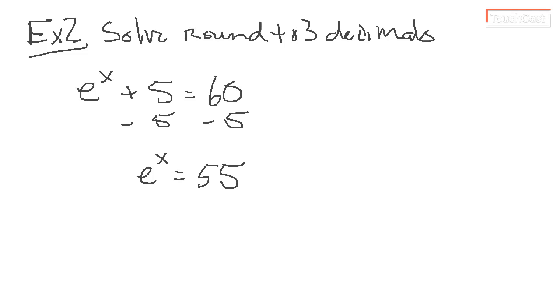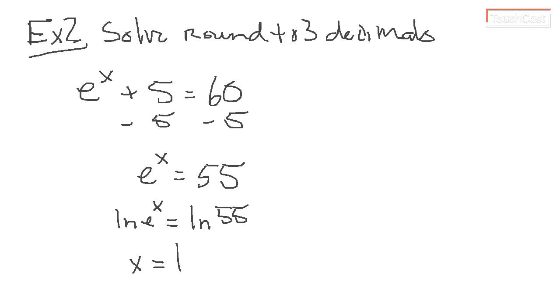Now when I have a base in an exponential equation that is e, I'm going to take the natural log of both sides. So I'm going to take natural log of e to the x and natural log of 55, because when I take the natural log of e to the x, using my properties of logs, I'm going to end up with just x on the left side.